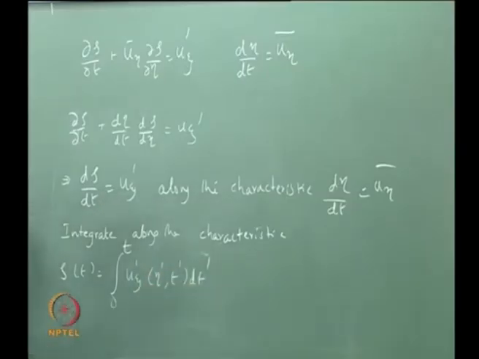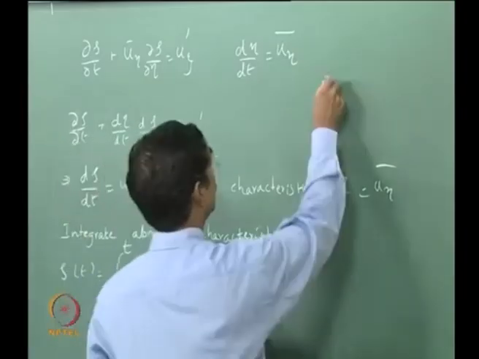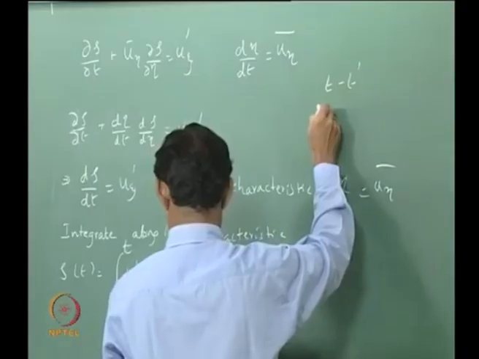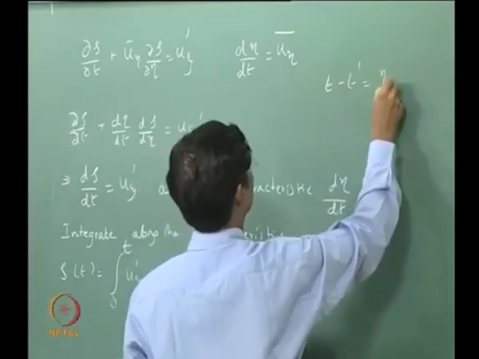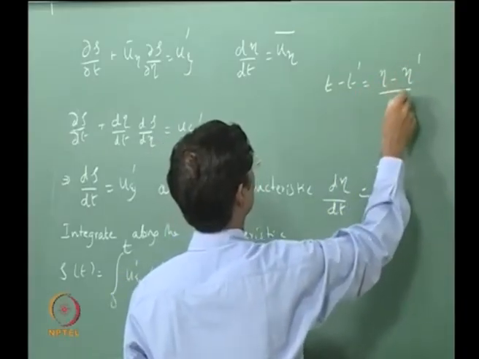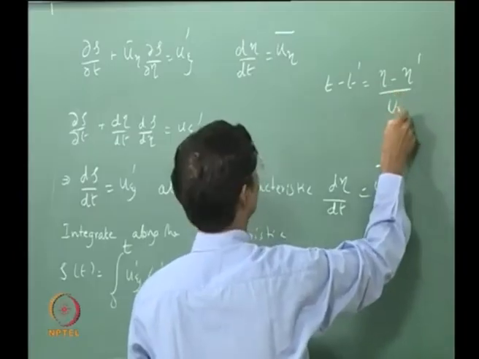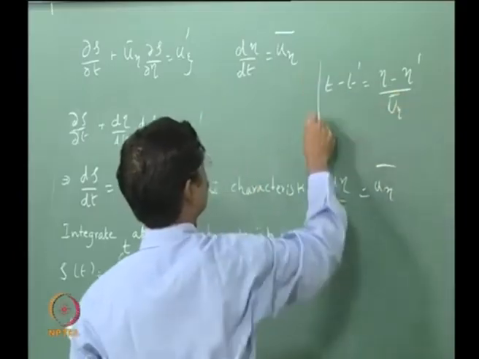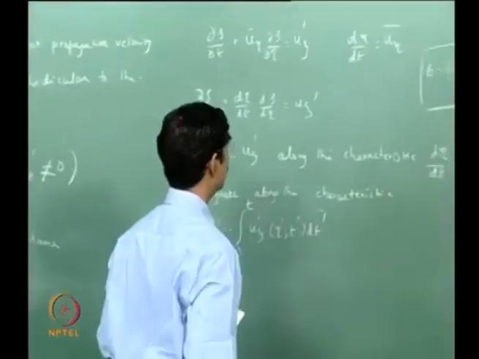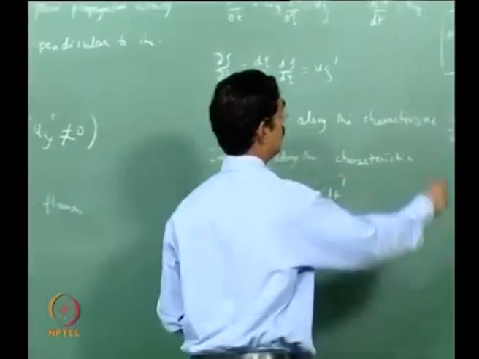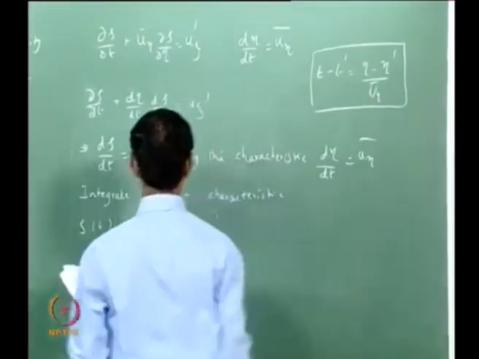So we know that, given this, we can say t minus t prime equals eta minus eta prime by u eta bar, okay, because this is a constant velocity in this particular example.